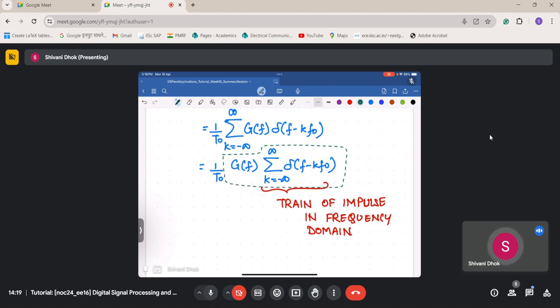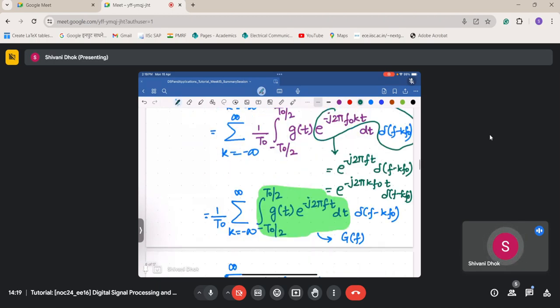So this entire operation here is like sampling of G of f at f equal to k times f naught, where k belongs to the set of integers. Okay, this is the first observation we are having.